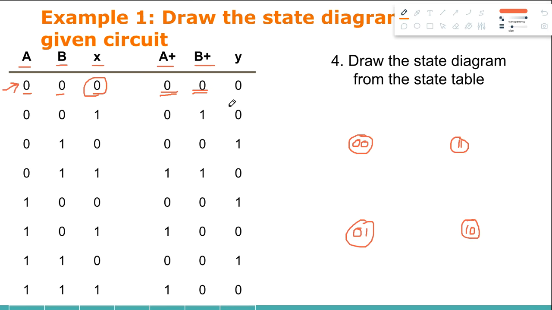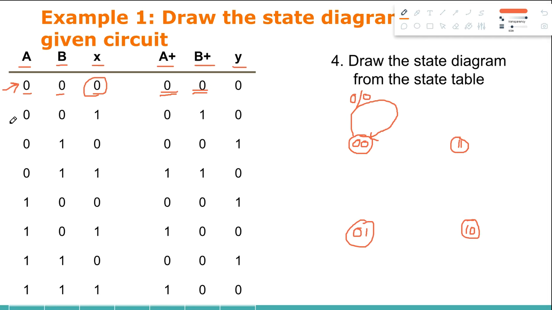So for 00, if the input is 0, then the next state is 00 again, so I go back to the 00 state. For this specific input the output was 0, so I'll also write the output in the diagram. The rule for writing the output is to use a slash notation and write the output on the right side of the slash. So I'll write 0 here.